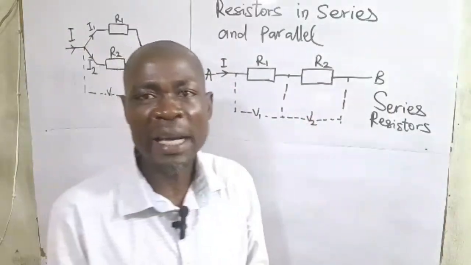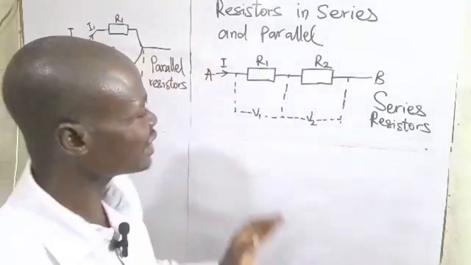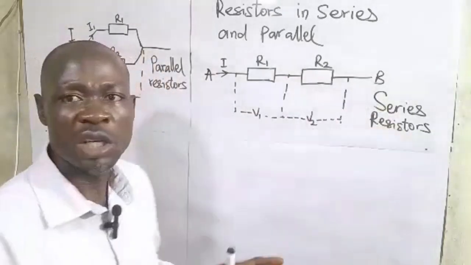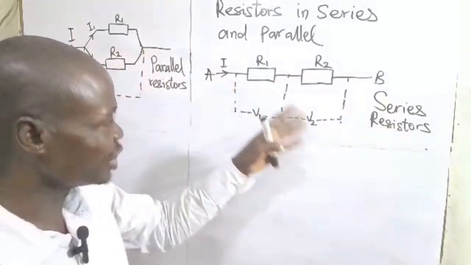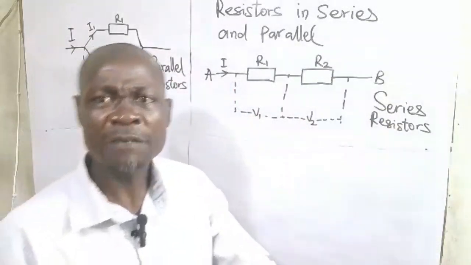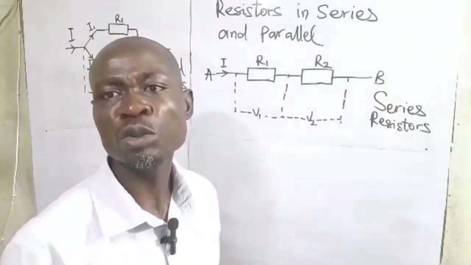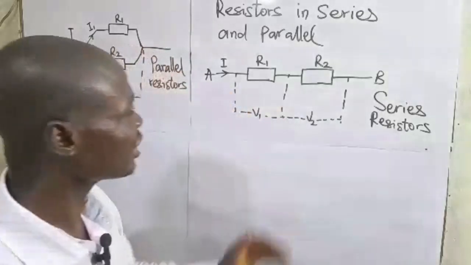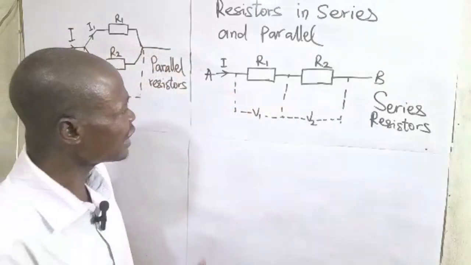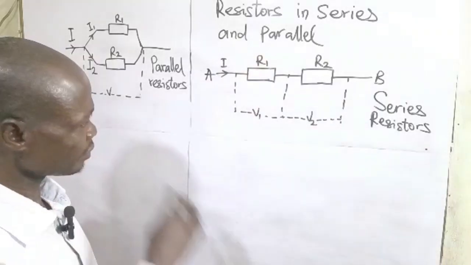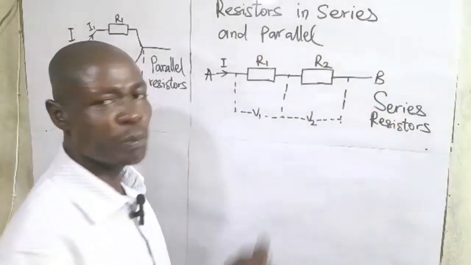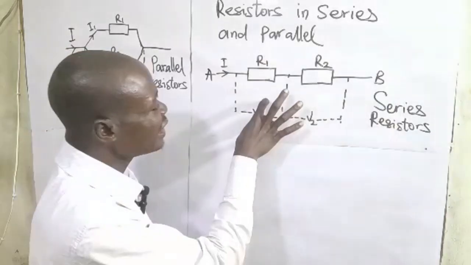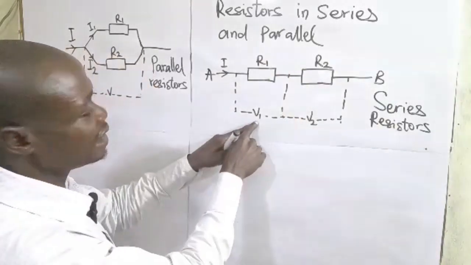Now, how do we get the overall resistance of the resistors, or the net resistance of the resistors, when they are combined in series? Because of the potential difference between the two ends of the resistors, we are going to use the expression for Ohm's law to generate this expression. So now look at the current here. The same current passes through the two resistors, like I have said, and the potential difference across R1 is V1.